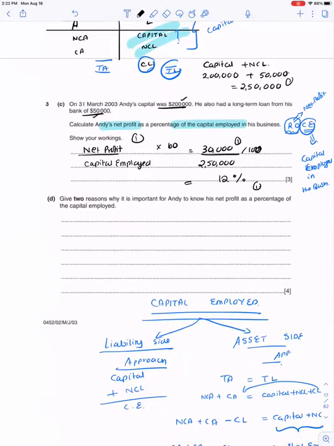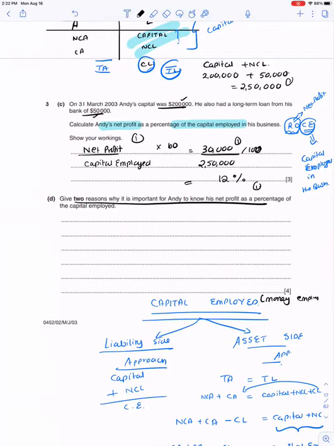Next question is, give 2 reasons why it is important for Andy to know the net profit as a percentage of capital employed. Why is it important for us to know the return that we are getting on the money invested, on the money employed in the business?